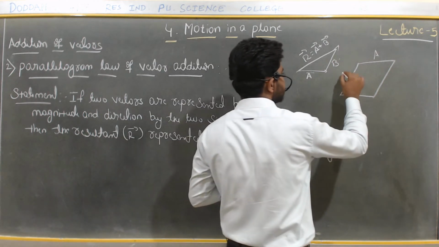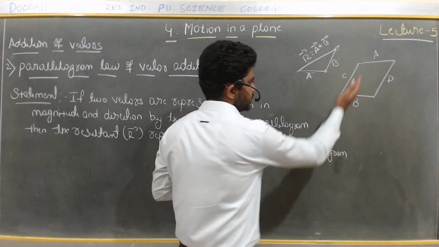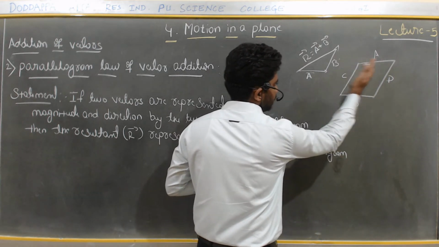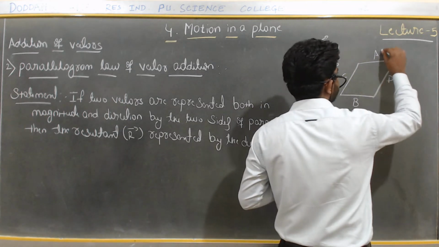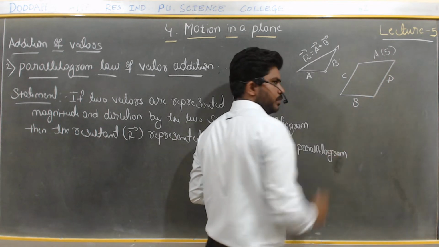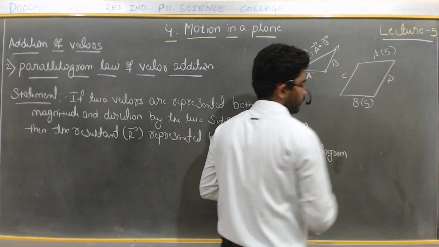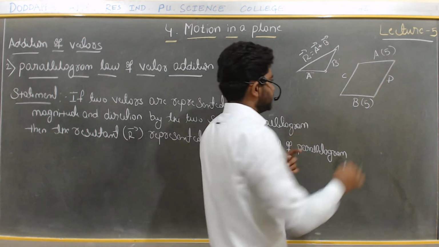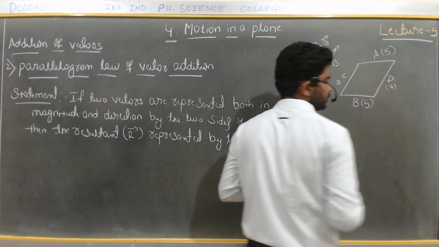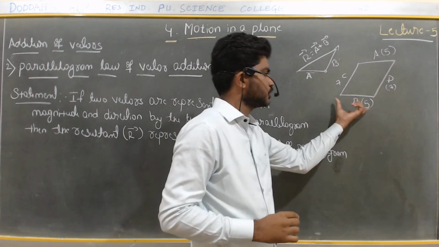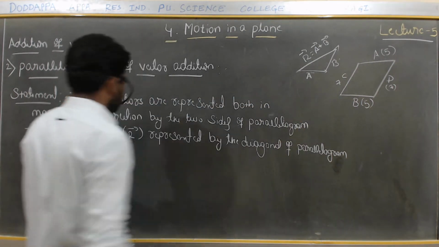And this is side C and this is side D, and this is also exactly parallel to D. It means if this side has the value of 5, obviously the opposite side will also have the value of 5. And here also if it has 7, the opposite side will also have 7, right? It's like a square, right? So the same thing we are going to apply here.